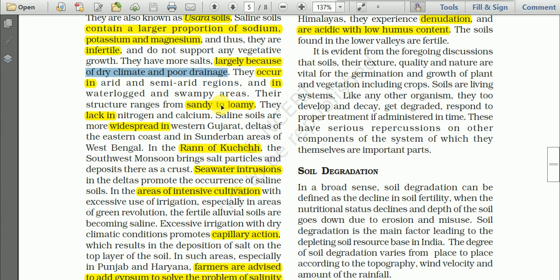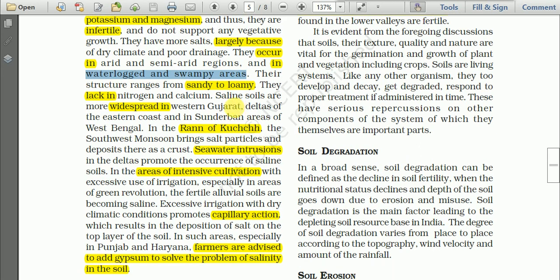Poor drainage means the water cannot be drained away very easily, and they occur in the arid and semi-arid regions. Actually, saline soils are found in the deserts and semi-desert areas, as well as in the waterlogged and swampy areas. Their structure ranges from sandy to loamy, and they lack nitrogen and calcium.